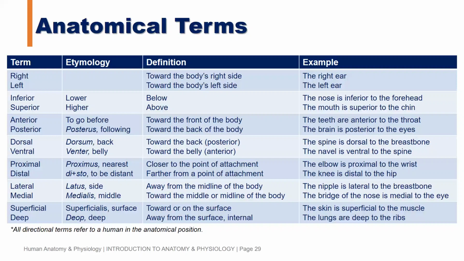When it is away from the surface or internal, you can say deep. The lungs are deep to the ribs. Alright? All directional terms refer to a human in the anatomical position. So don't be confused when you describe something. Just remember that the standard is your anatomical position.